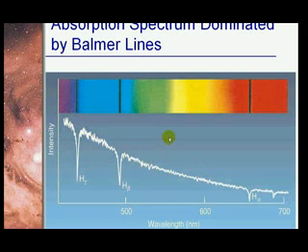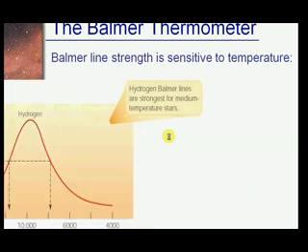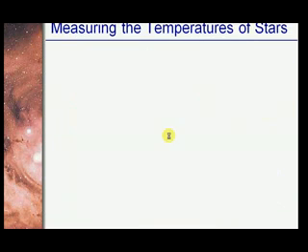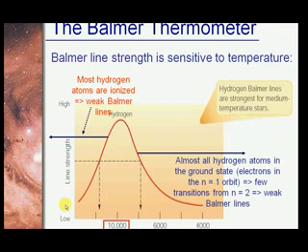The Balmer lines can also identify the temperature of a star, how strong the line is. It can identify the surface temperature of a star. We're always talking about the surface temperature.